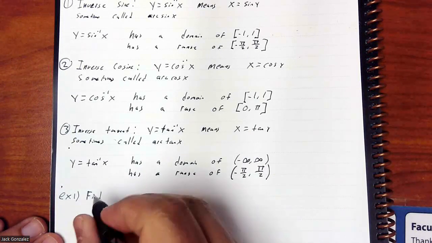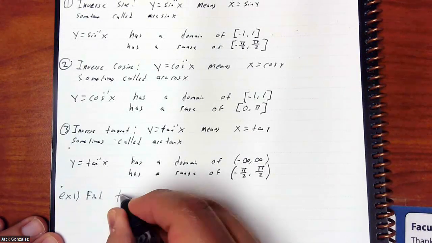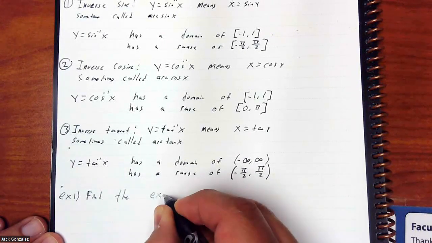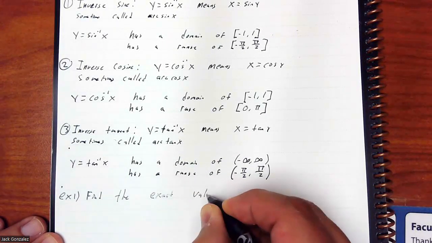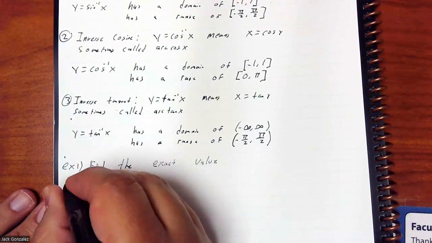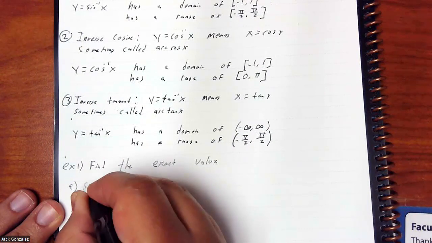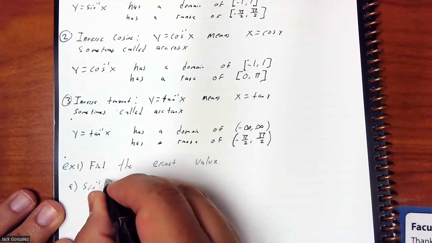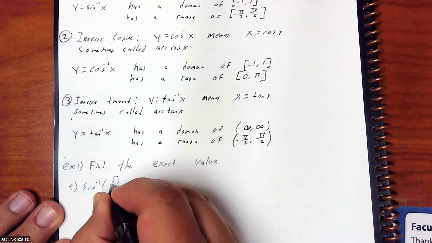Find the exact value. Part A: sine inverse of square root 3 over 2.